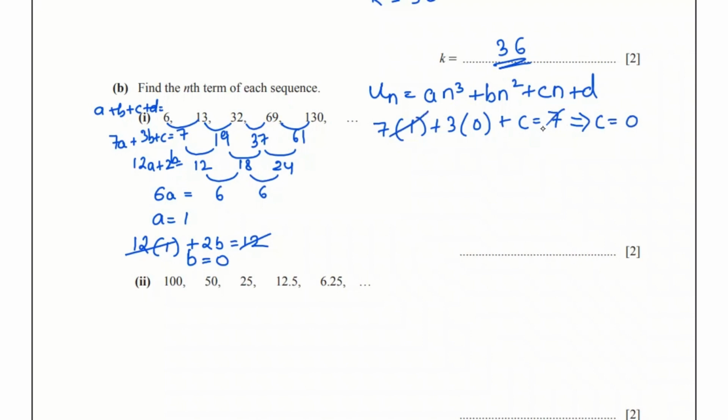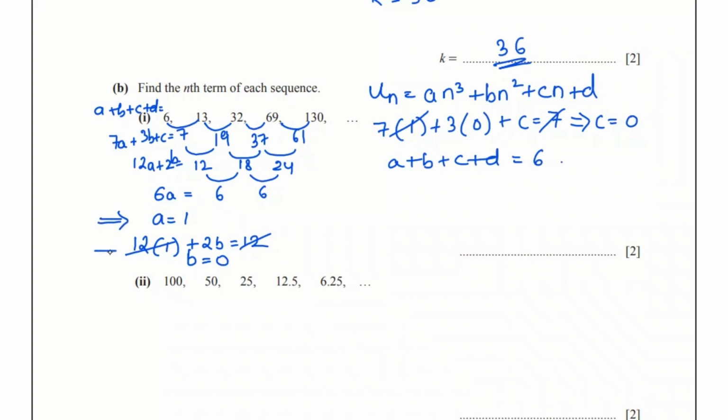This 7 and this 7 cancel off, so c is 0. Now I put a, b, c in a plus b plus c plus d equals 6.